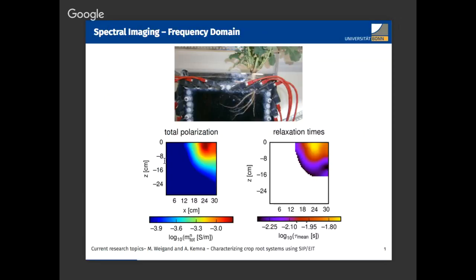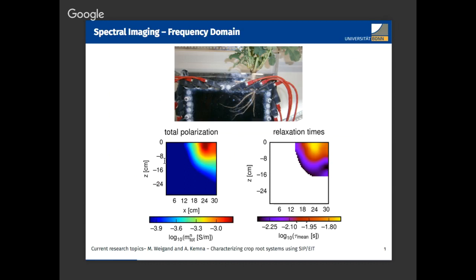When we put a small root system in a small rhizotron container filled with tap water, you can see in the upper picture, and did multi-frequency electrical impedance measurements, and then applied a Debye decomposition to extract spectral parameters, we were able to image the extension of the root system nicely using the polarization magnitude or chargeability.